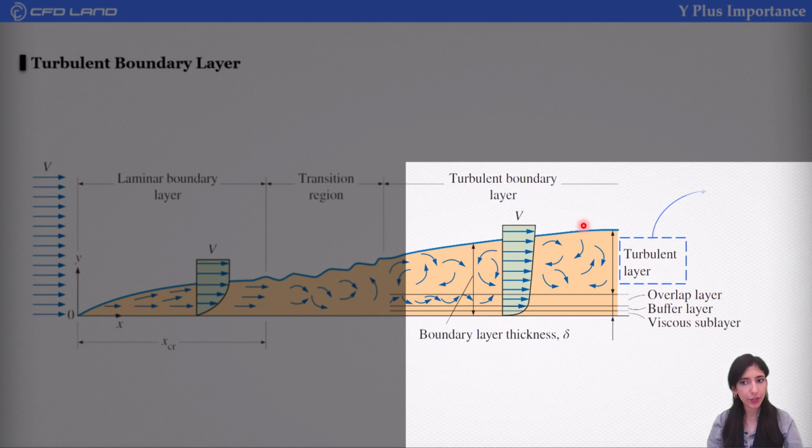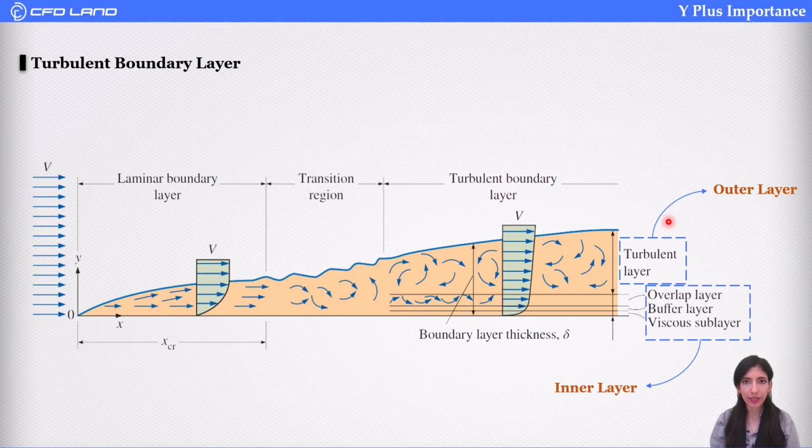An outer layer, where turbulent forces are dominant, and an inner layer. In inner layer, there are three sublayers. The first one and the closest to the wall is viscous sublayer, where viscous forces are dominant.